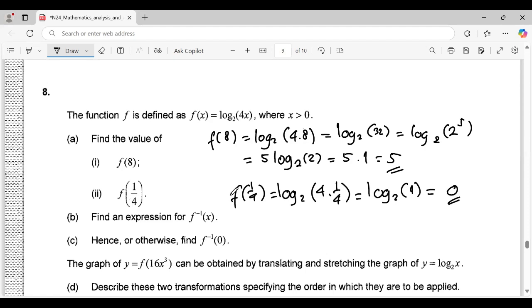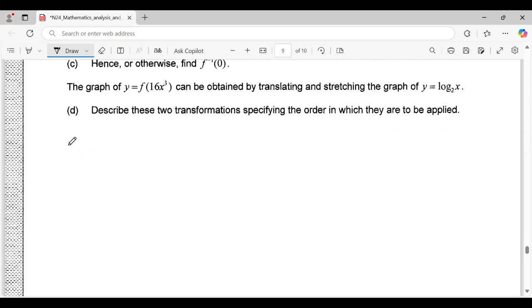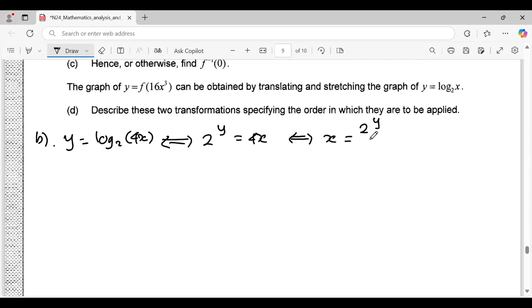Find an expression for inverse fx. Inverse fx, okay, y equals log 2 of 4x, which is equivalent to 2 to the power y equals 4x. Okay, or we can write it as x equals 2 to the power y over 4.